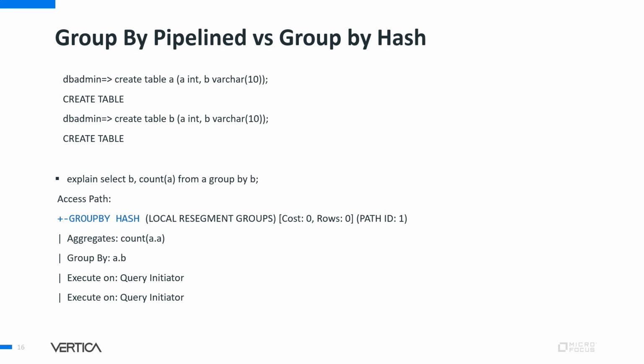Here's an example of group by pipeline and group by hash. We create two tables, A and B. Each table has two columns, A and B. When we run an explain on the query, select B, count A from A group by A, you'll see it uses the group by hash algorithm.